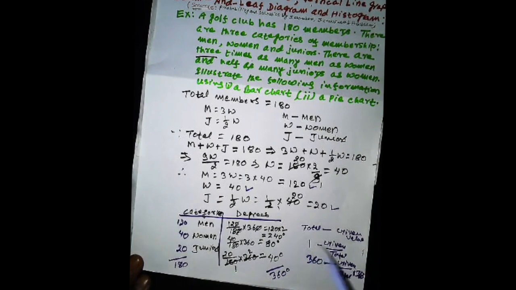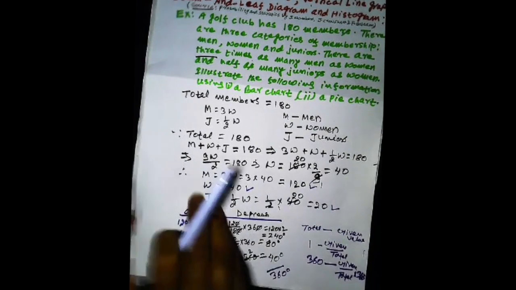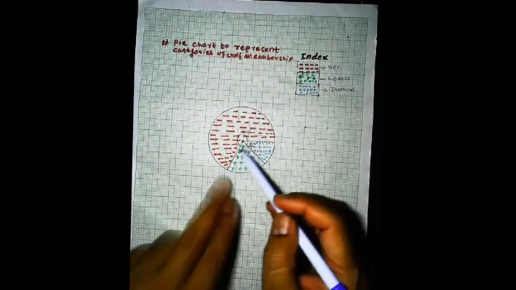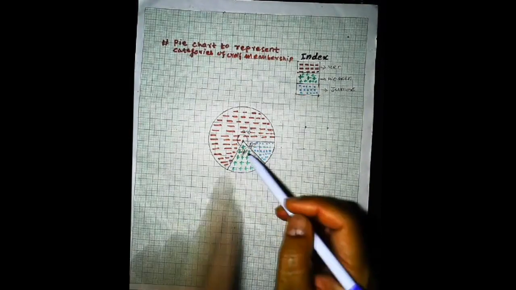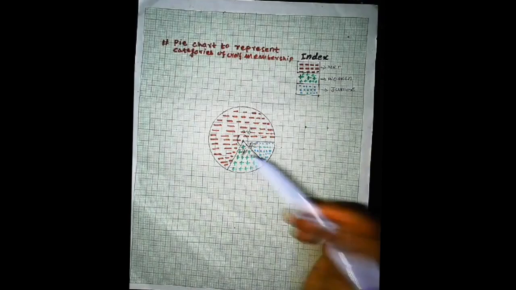You know that the whole circle or complete circle is 360 degrees. Now let's plot these values. By using these degree values, we can draw a circle, and then inside the circle we draw different sectors that represent the different categories: men, women and junior.